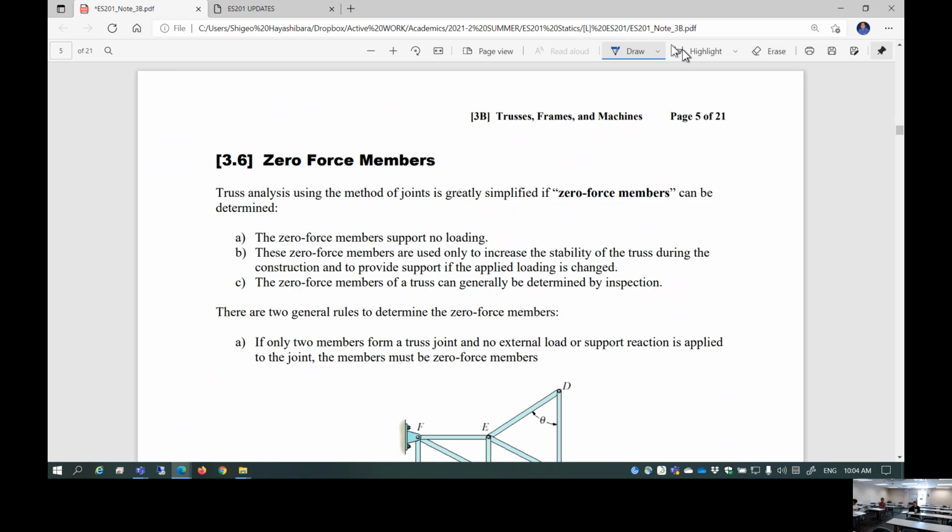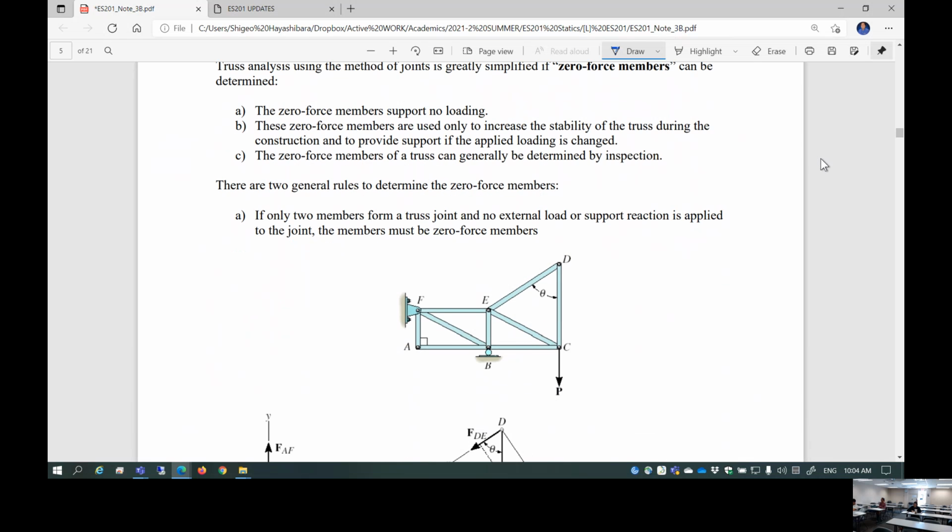One of the techniques that I can use to confuse you is the truss, which actually I can add any member which is originally not really necessary to support the loading. It's called the zero force members. Let's just take a look at this example here. This is the truss. Okay. Some of the members are not really necessary because they don't support any loading.